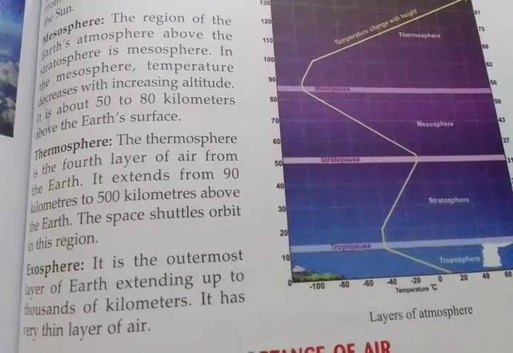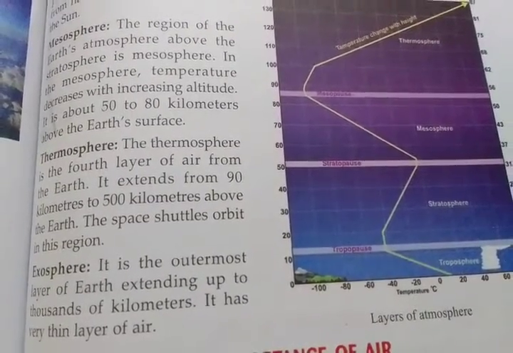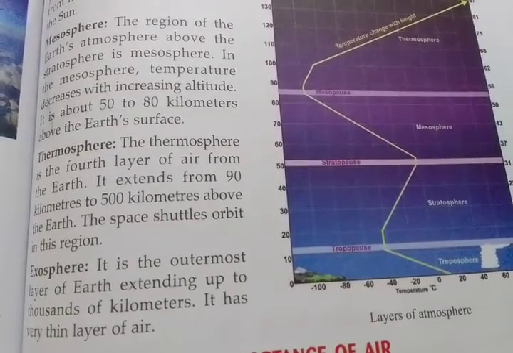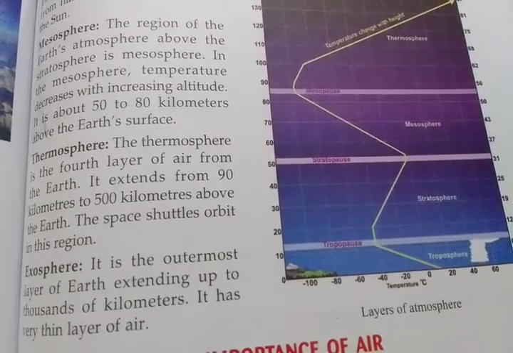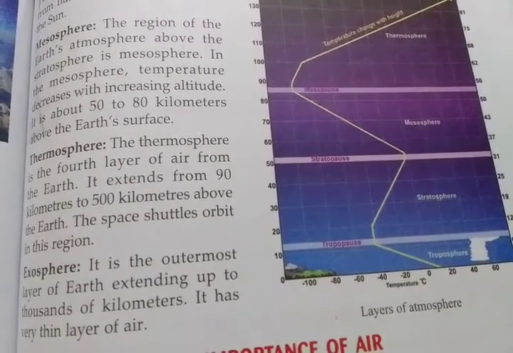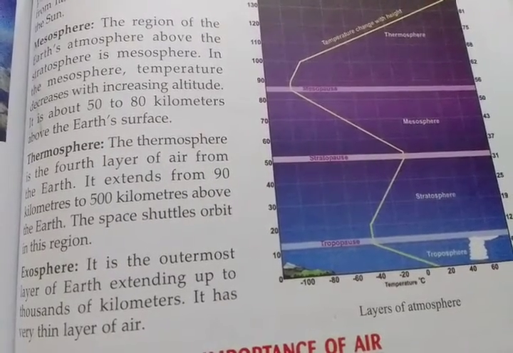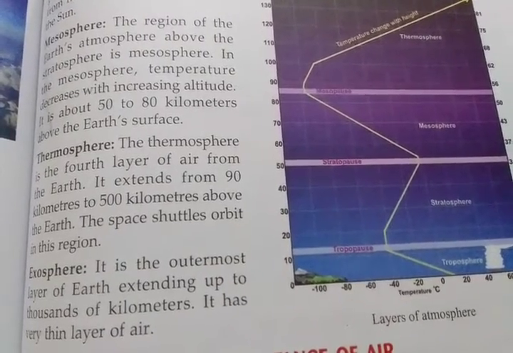And above all these layers, troposphere, stratosphere, mesosphere, thermosphere, there is the exosphere. It is the outermost layer of Earth, and it extends up to thousands of kilometers, and it has a very thin layer of air. Clear?